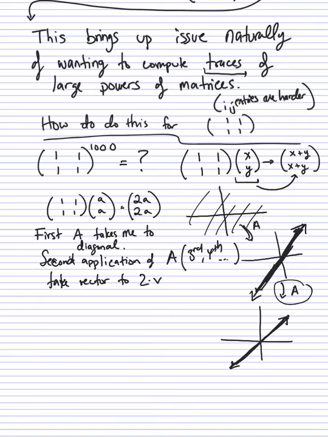So in other words, if I want to see where (1,0) goes, well, (1,0) goes to (1,1). Then this goes to (2,2), (4,4), and so on. So this is going to go to 2 to the 999, since I did 1,000.